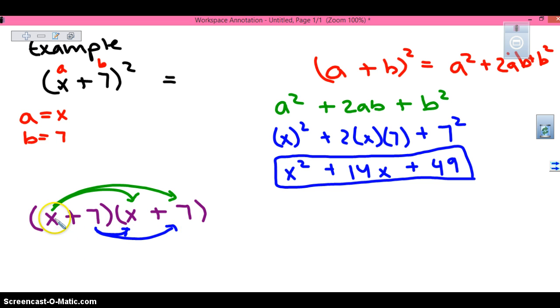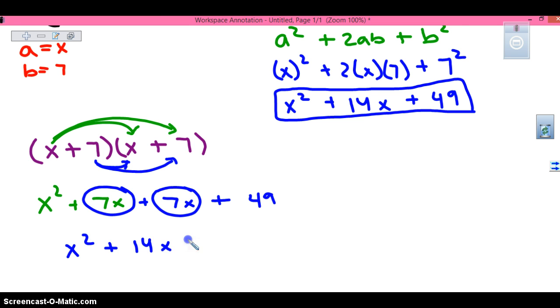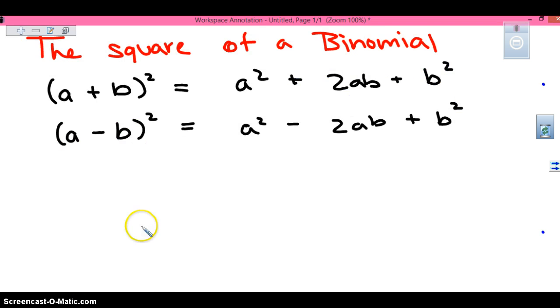And I would say x times x is x squared, x times 7 is 7x, 7 times x is 7x, and 7 times 7 is 49. I combine like terms: x squared plus 14x plus 49. You arrive at the same answer.